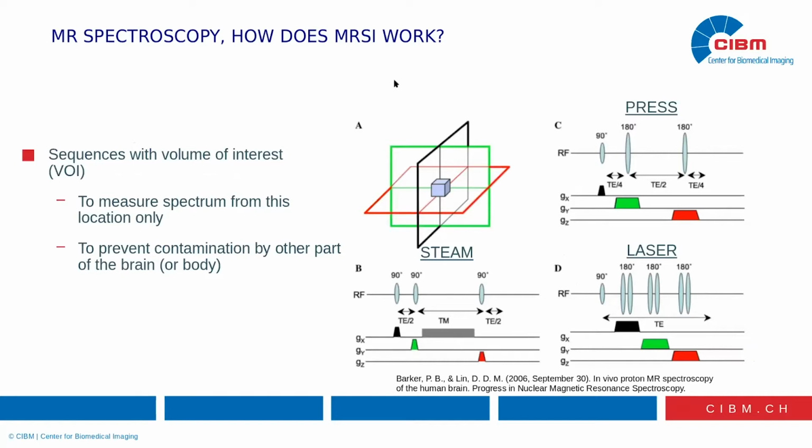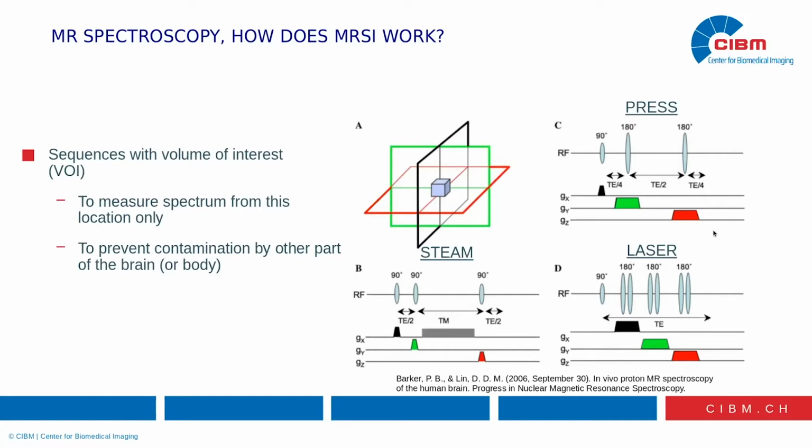If you are used to MRI techniques, probably you know that in MRI you select a slice with a gradient coupled to an excitation pulse. In spectroscopy, we do that, but in all three directions. Taking as example PRESS or STEAM or LASER and semi-LASER, almost the same sequence.